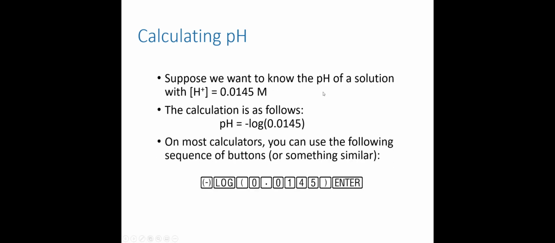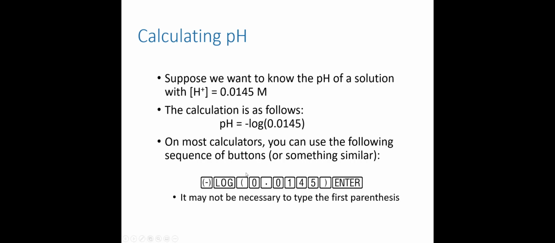Now, depending on the calculator that you are using, this is usually the sequence of buttons that you would use here. So you would type in negative, usually the subtraction button won't work, log, and then depending on the calculator, it might give you an opening parenthesis when you hit the log button.